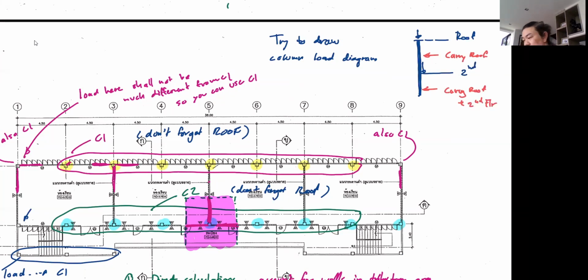And as I have mentioned before, generally we change the column section every 2 floors, but that's all we have because we're gonna reach the ground soon. So that means we can use 1 column section for it. Okay, and I think it's pretty obvious that this is the critical section, right? So you design the column with that size and just use the same size up to the roof.